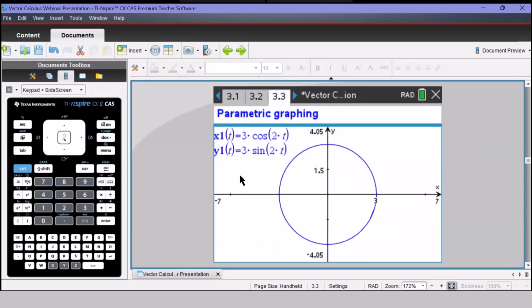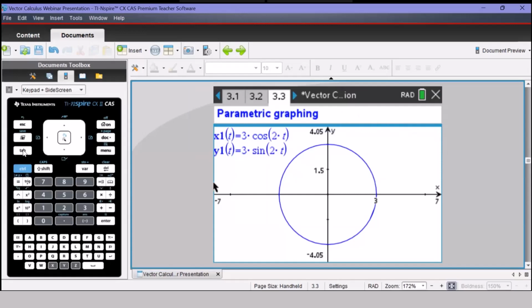The first point I want to make is that we can graph this pair of parametric equations, and we can see quite clearly what the particle's path actually is. This is a split page. The top strip is a notes page, just with the heading there, and here we have a graphs page.